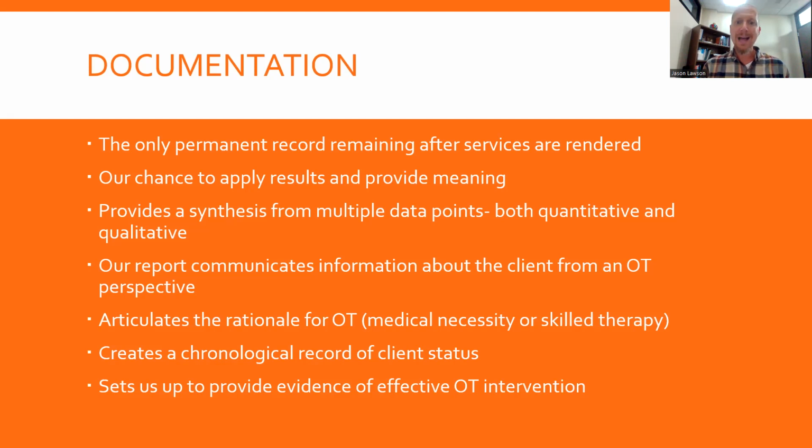It's our chance to apply the results. So here are the results, but this is where we can add in our meaning, right? Remember step 3 of OT evaluation, when we're analyzing everything, pulling everything together from the occupational profile and the analysis of occupational performance.